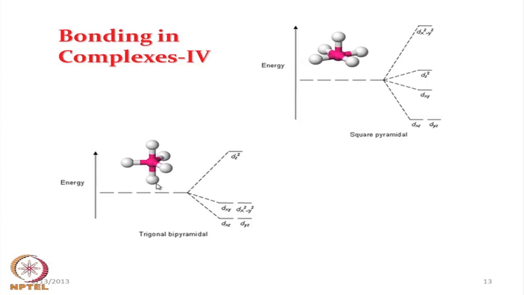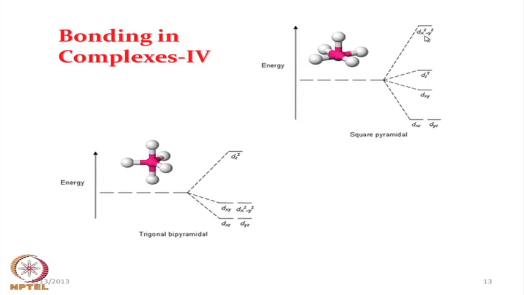So, that way we can differentiate these, and we should be able to write in the same fashion the way we have written the corresponding electronic configuration in this square pyramidal geometry. We should also be able to write the same nickel electronic configuration in trigonal bipyramidal geometry. So, we should be careful while writing this electronic configuration about which particular level is vacant.